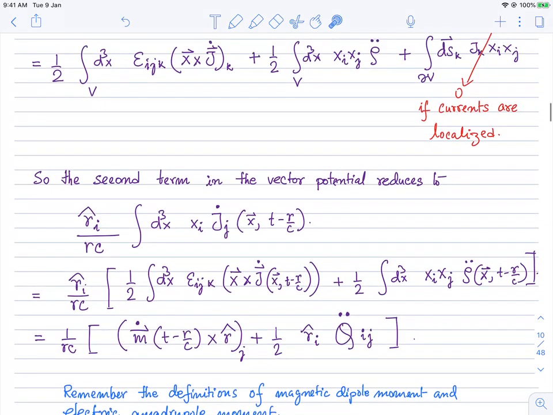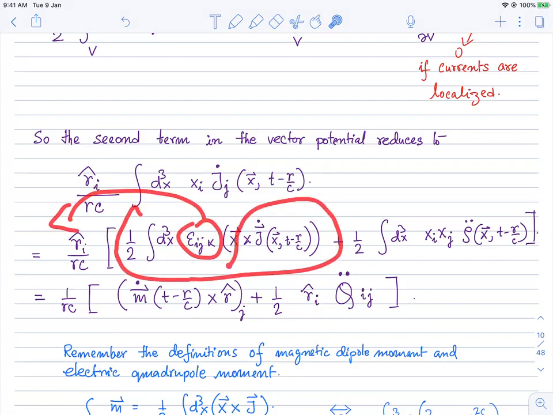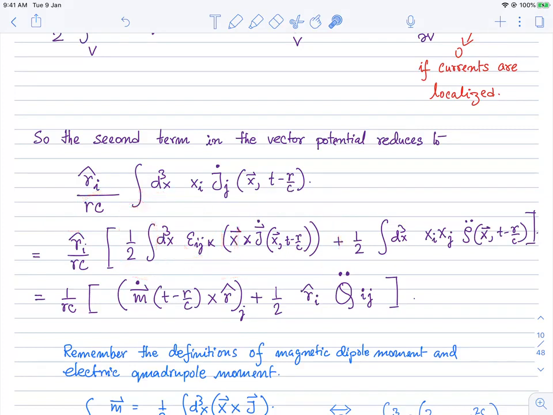If we pull the epsilon out, then the half of this thing is nothing but the magnetic dipole moment. But then there is a dot here, so it is the time derivative of the magnetic dipole moment crossed with r hat. The cross comes from this epsilon outside. And you can check if I have got the signs right, so do check it once.